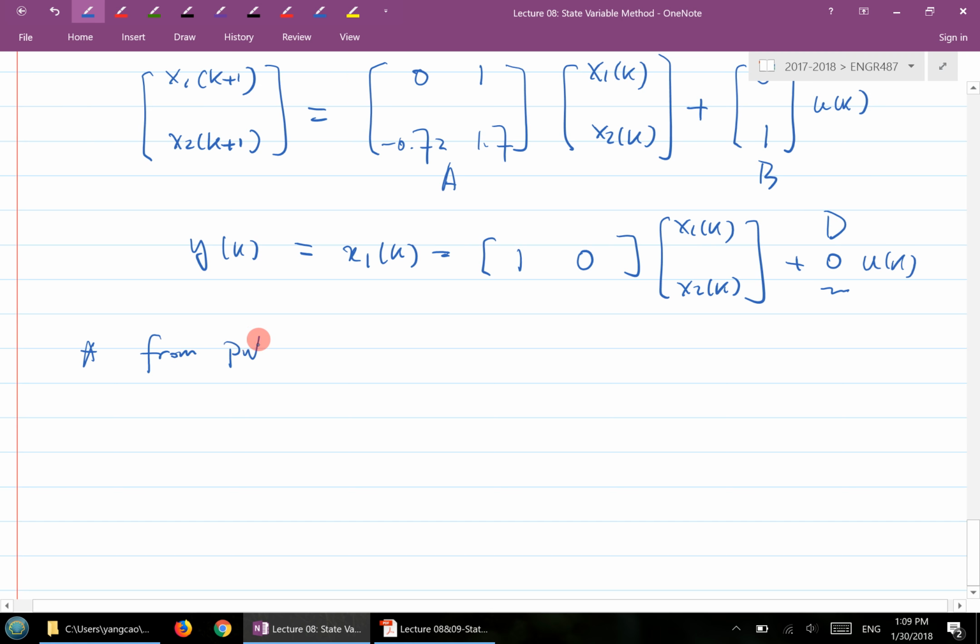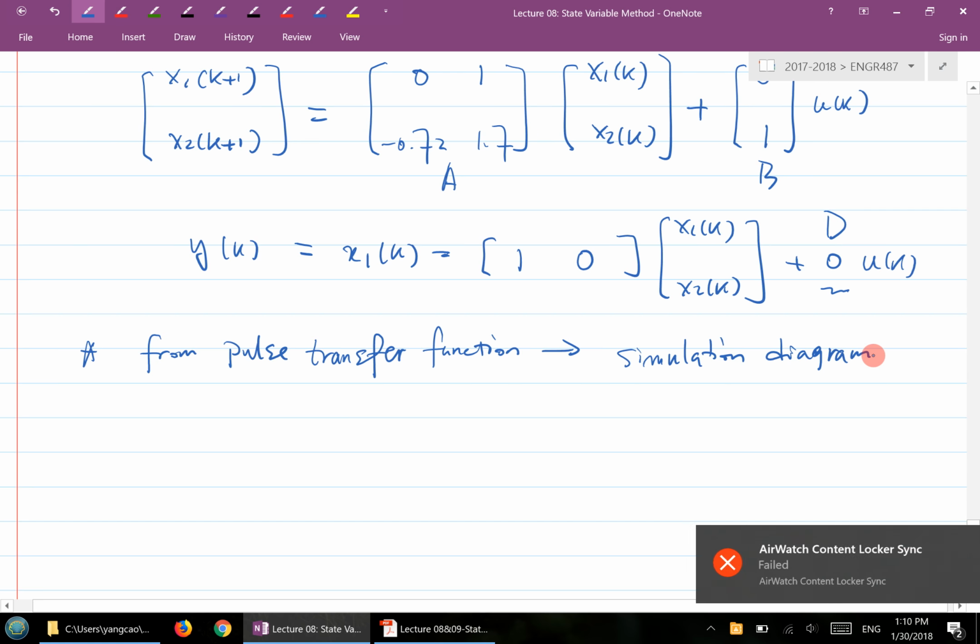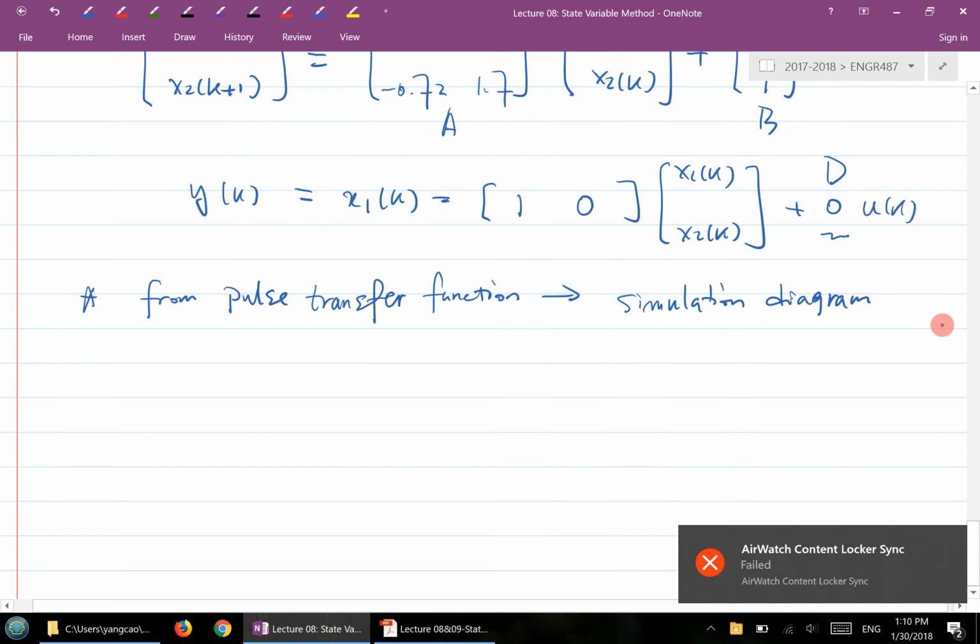How do we derive a simulation diagram from a given pulse transfer function? Let's say you have a pulse transfer function, and now we want to obtain a so-called simulation diagram.